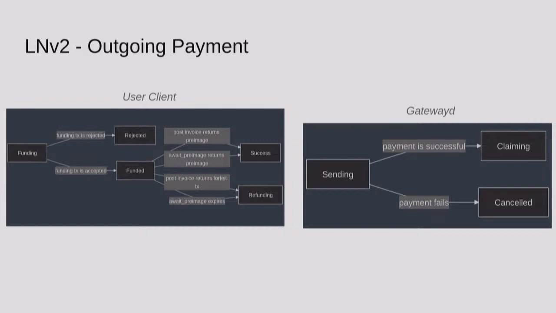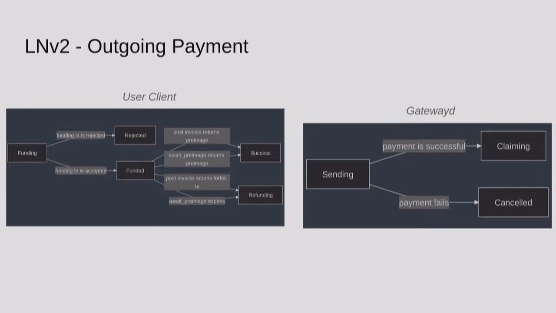And then in time, the gateway will answer this HTTP call with the pre-image for the invoice. The client then shows the payment as completed to the user. That is all the proof he needs. He has a pre-image. It was released by the receiver.